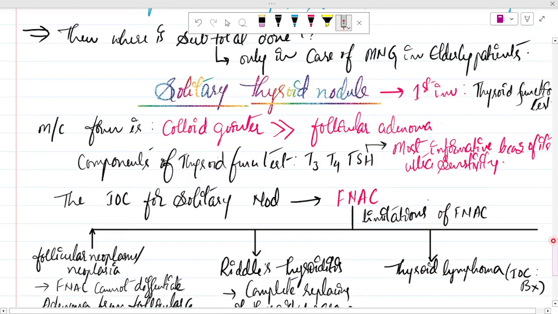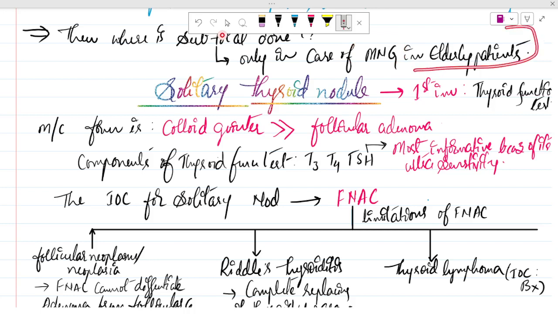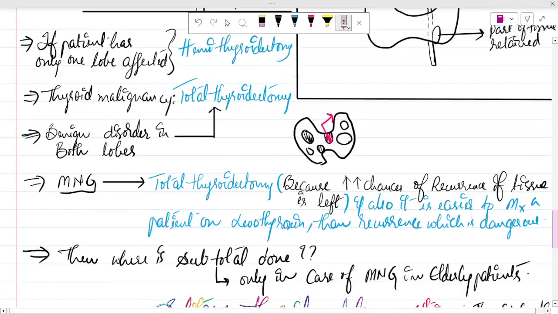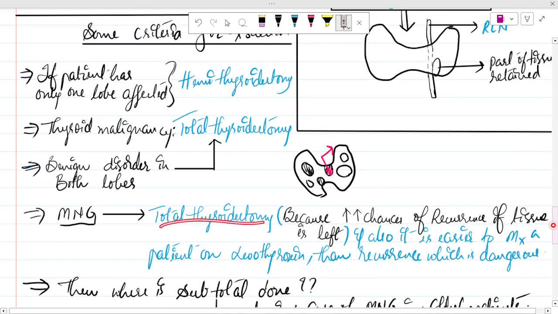So what is that condition? Subtotal thyroidectomy is done in multinodular goiter, but only in elderly patients, not in younger patients. Once again, only in elderly patients with multinodular goiter do you go with subtotal thyroidectomy. All the rest of the patients with multinodular goiter will go with total thyroidectomy.